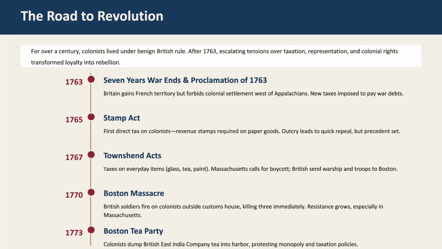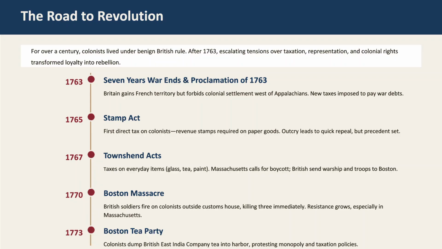The Boston Tea Party in 1773 was also a pretty defiant act, and it directly hit British economic control, and that's why they did it. And there was a very powerful idea behind all of this: taxation without representation is tyranny.